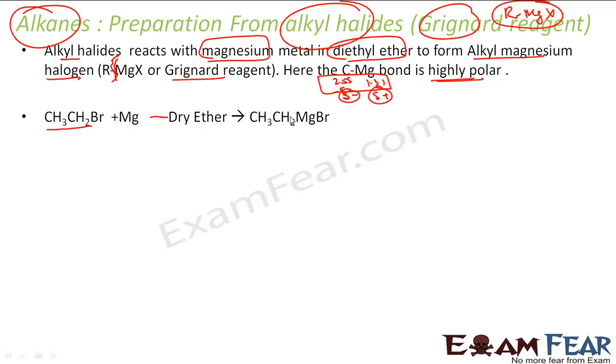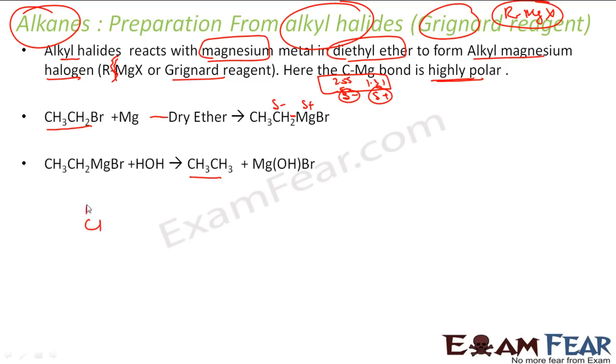Now in this case, this bond is very weak. Why? As I told, carbon will be slightly negative and magnesium will be slightly positive because of the difference in electronegativity. So when this whole thing reacts with water, this bond will break. Let me show you the reaction.